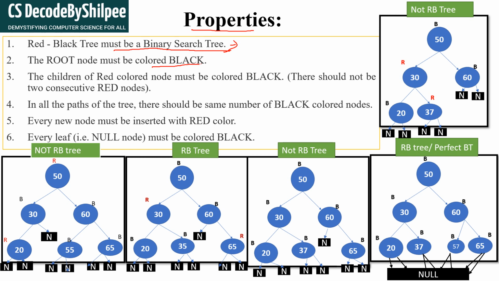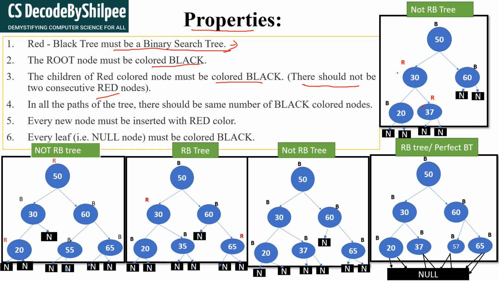The third property says that the children of a red node must be black. Whatever the red node, its children should be black, which also means there should not be 2 consecutive reds.